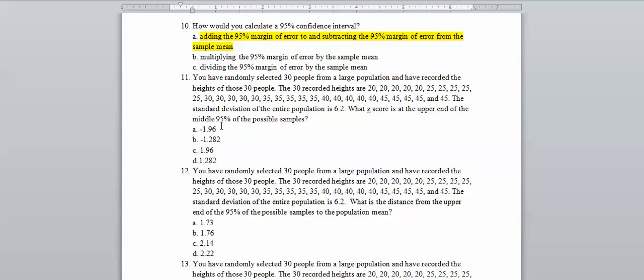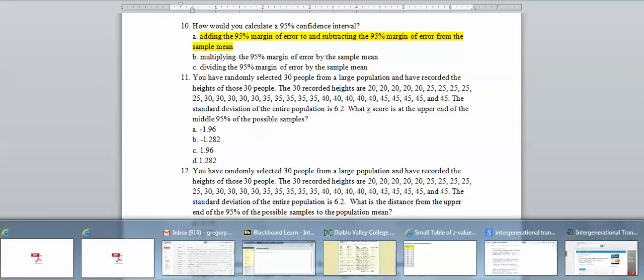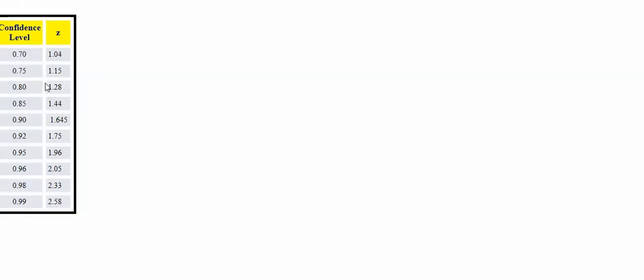We're going to be creating a 95% confidence interval. So we take this percentage I'm giving you, go to the z-table, go to 95%. 0.95 means 95%. It's 1.96.